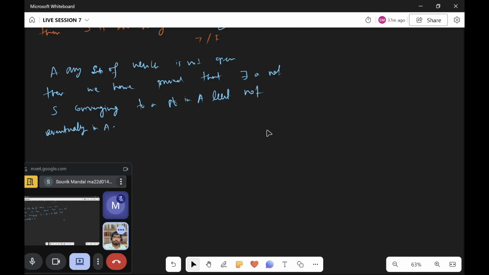Then we have proved that there exists a net S converging to a point in A but not eventually in A.